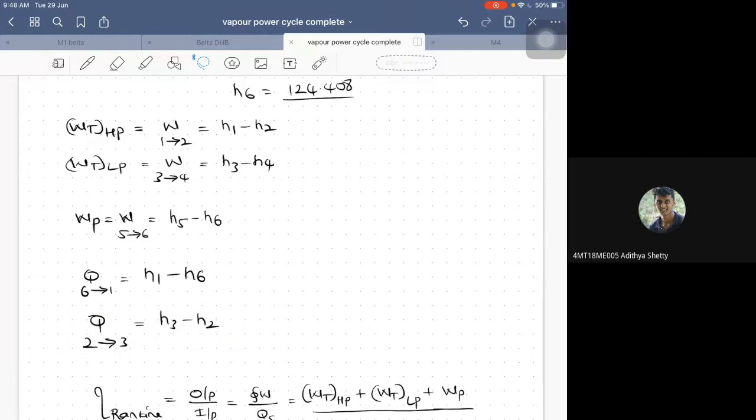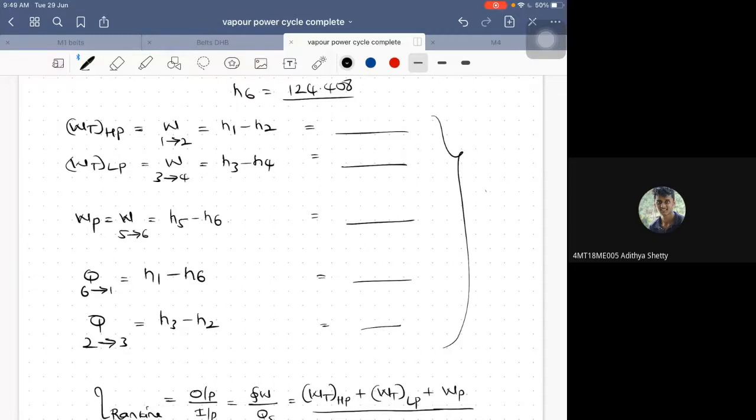Can I have the final values of all this? All these values would be in kilojoules per kg.